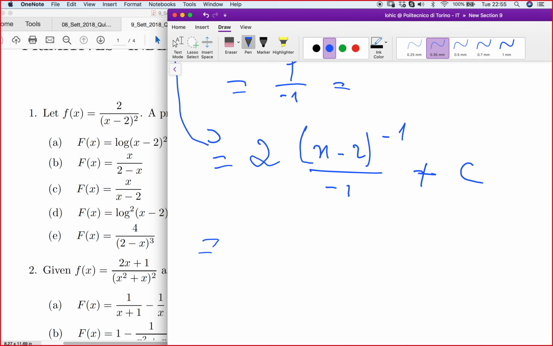So we can rewrite this as minus 2 over x minus 2. Is it clear for all of you? Okay, so it will be minus 2 over x minus 2 plus the constant.